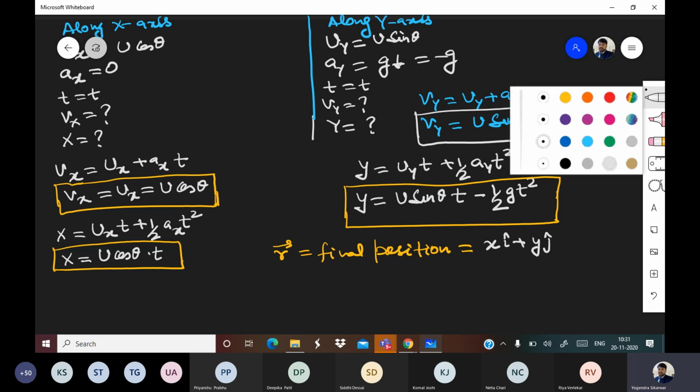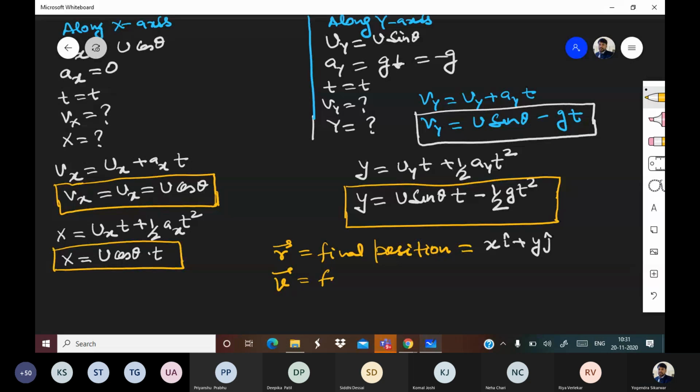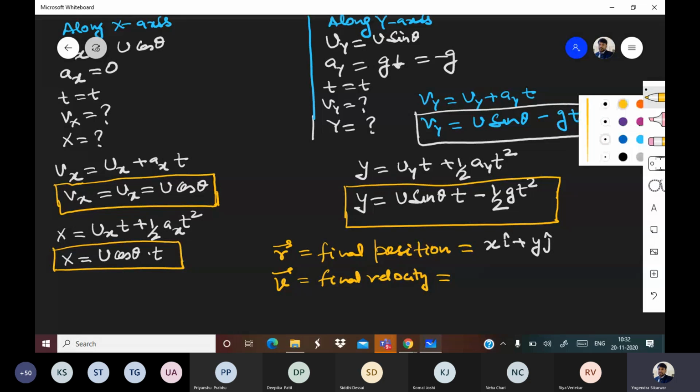Similarly, velocity, and that will be how much? That will be Vx i cap plus Vy j cap. This will be the velocity at that moment. Okay.